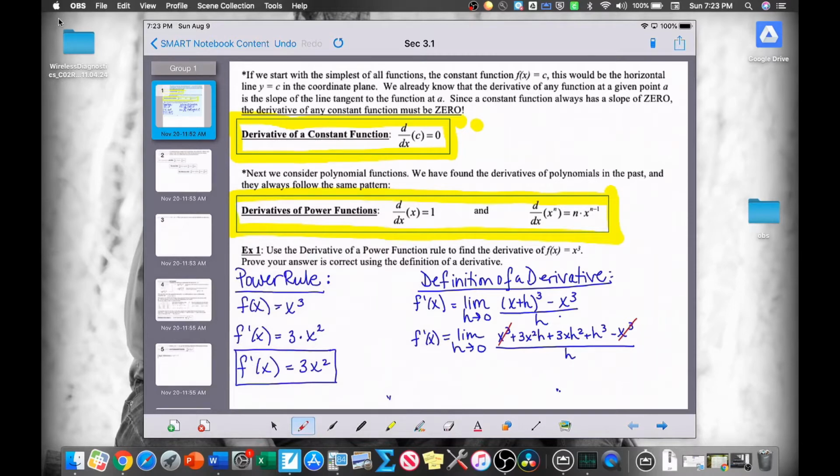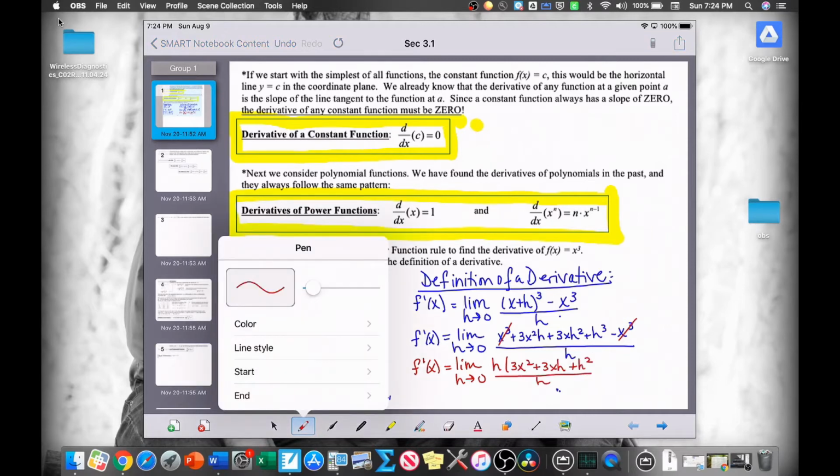All three remaining terms contain h. So if we factor the h out, we end up with 3x squared plus 3xh plus h squared over h. And then we can cancel the h in the numerator and in the denominator.